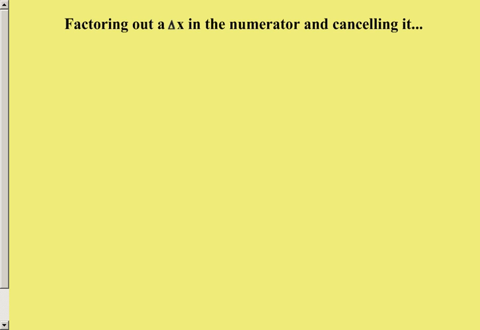So if all of those terms have a delta x in common, we can factor it out. When that happens, we actually lose our denominator, which is good. It was trying to go to 0 anyway, so we'd very much like to get rid of that denominator, and now it's gone. And each of the terms in the numerator lost a delta x, so now we have 2x plus delta x.